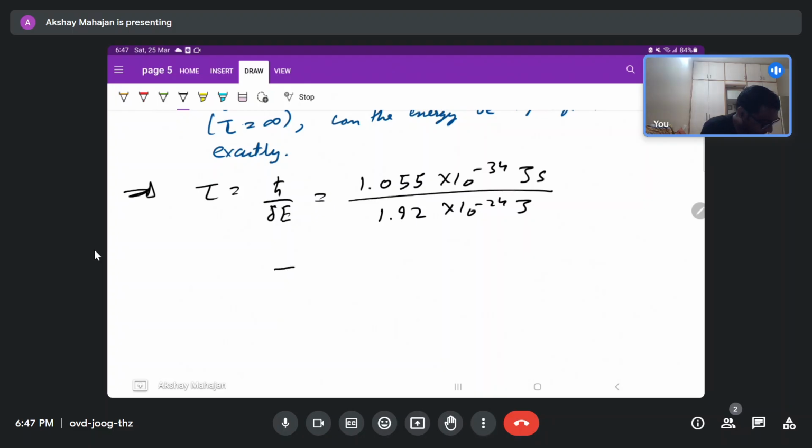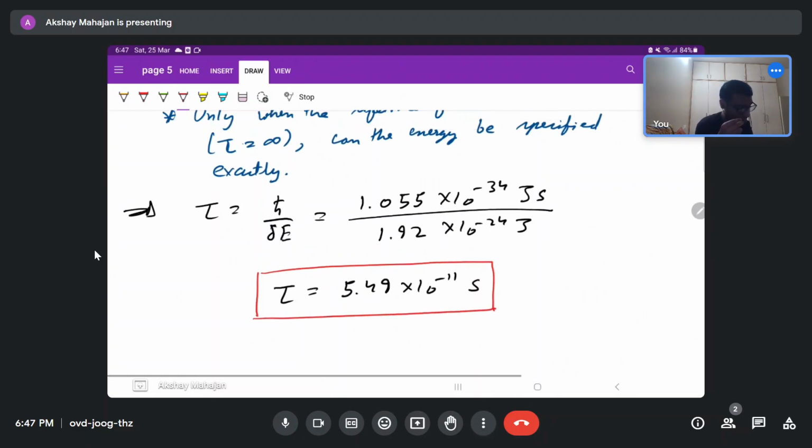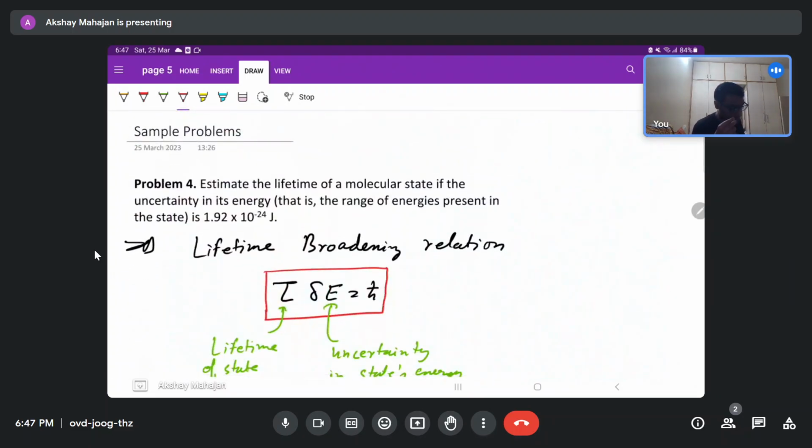If you calculate, tau comes out as 5.49 into 10 to the power minus 11 second. So using this formula, we can find the lifetime of the molecule states.